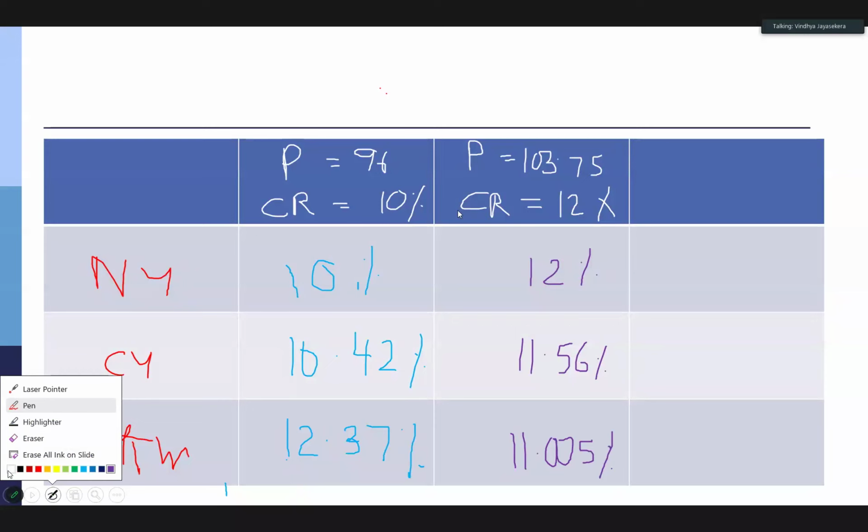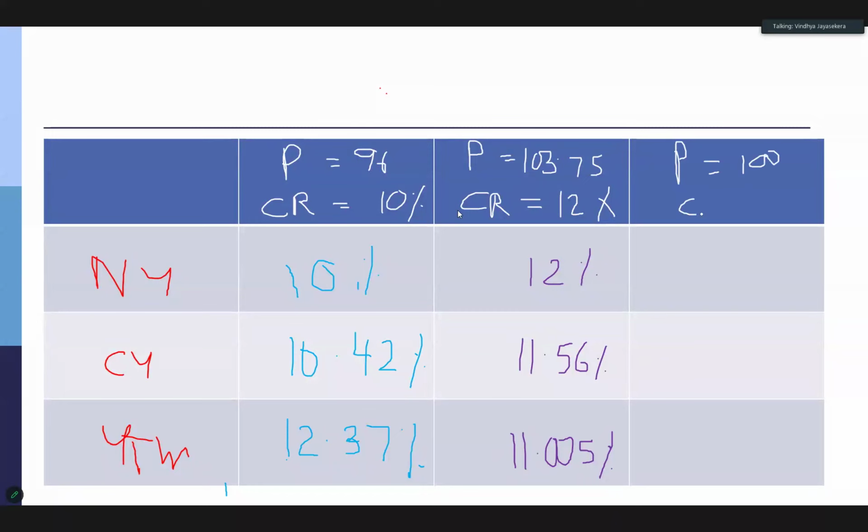And then the last example, price was equal to 100, coupon rate 12%. What did you see? Nominal yield was 12, current yield was 12, and yield to maturity was 12, right?